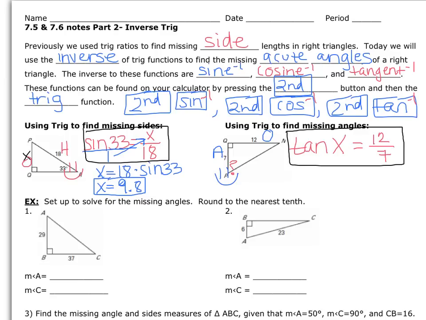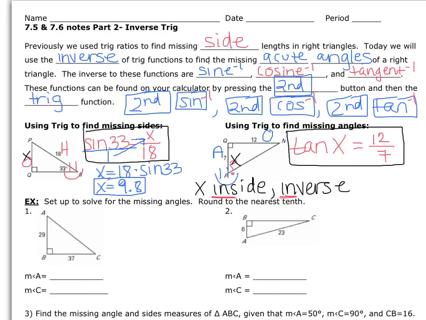And I kind of just used a little saying: if your X is on the inside of the triangle, so you see this is basically our X, it's inside the triangle. Well, if X is inside, then you're going to have to use the inverse. So I just try to connect those words together because they both start with "in."